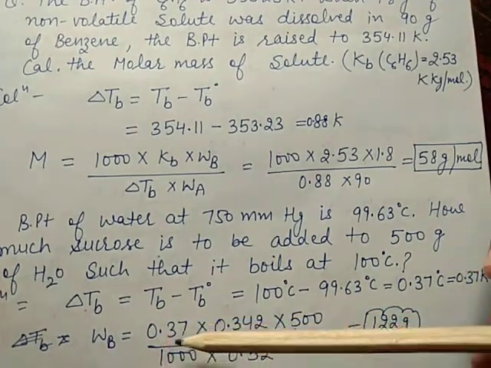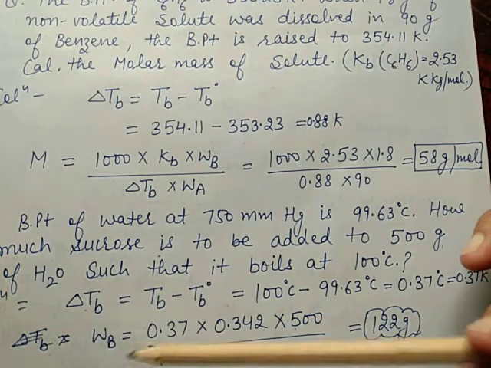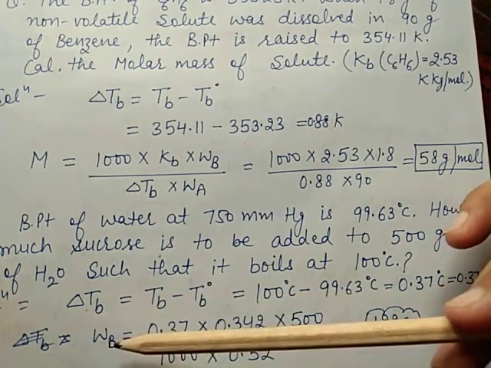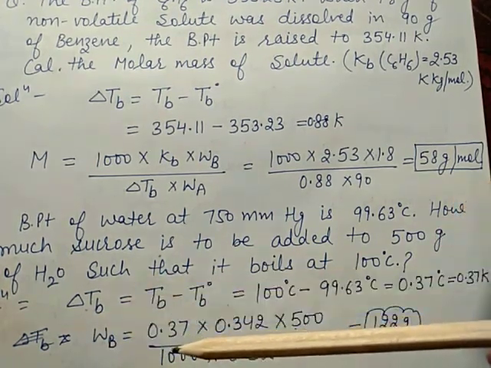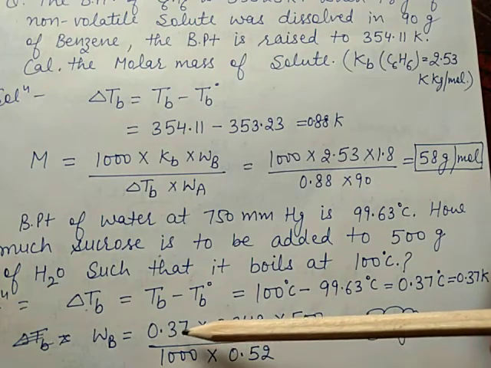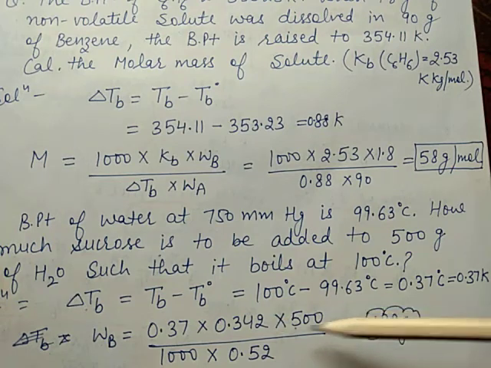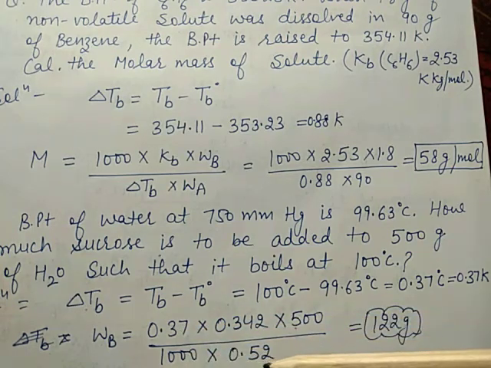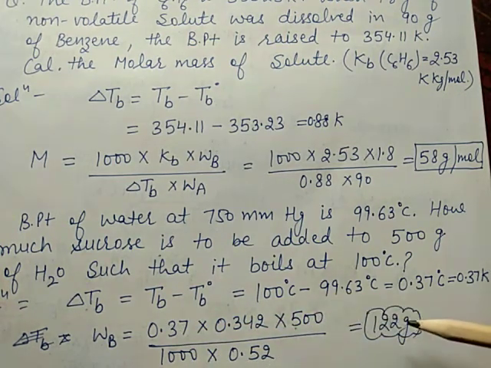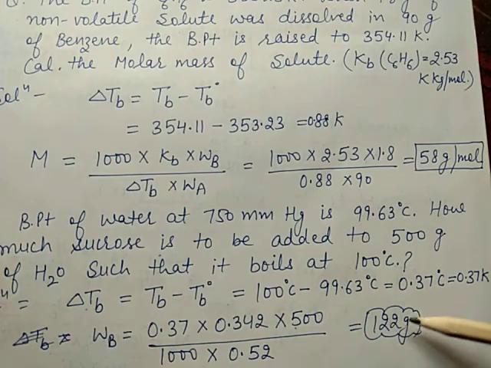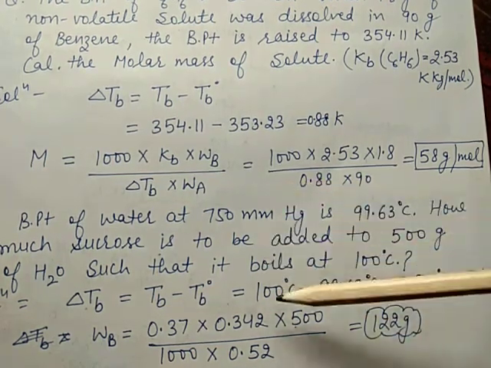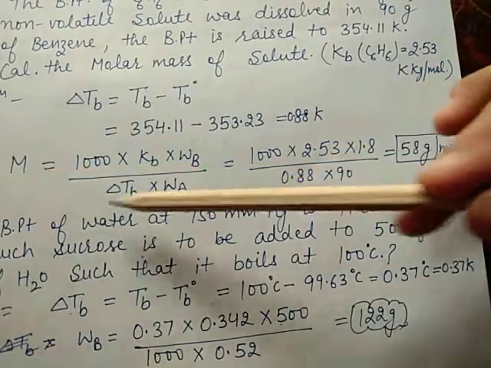Wb is equal to, here we calculate the weight of solute: 0.37 multiplied by 342 multiplied by 500 divided by 1000 into 0.52. That answer is 122 gram, the weight of solute. We can easily calculate it by this formula also.